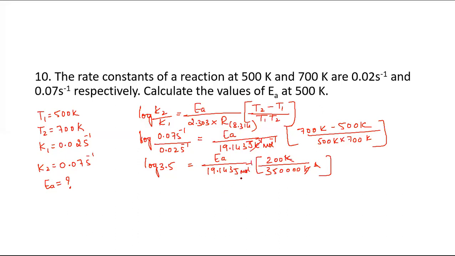Okay, so now we can solve. First, log 3.5.